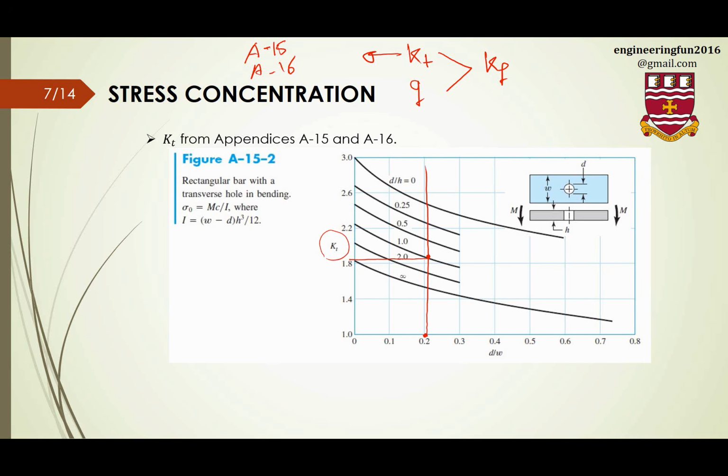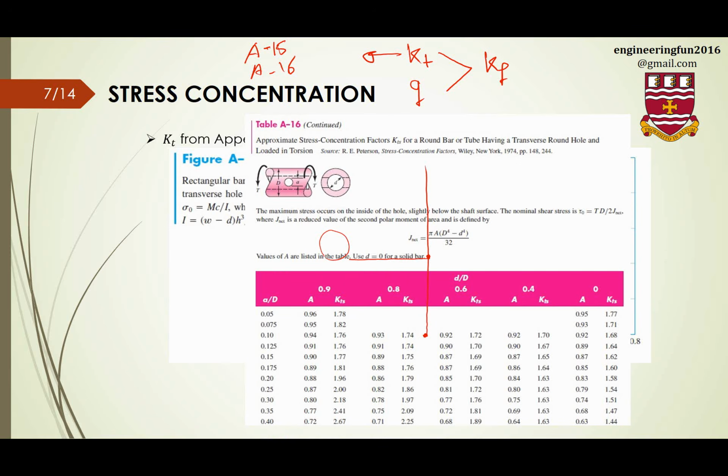We don't have any problems in that one, it's like solids. And this is table A16. In table A16, there are two tables, 16.1 and 16.2. This is 16.2. 16.1 is for bending, 16.2 is for torsion.